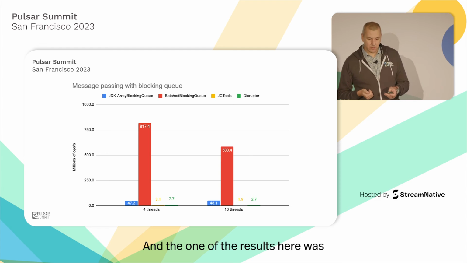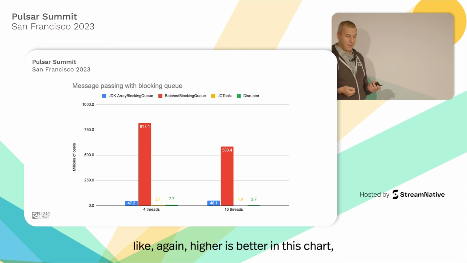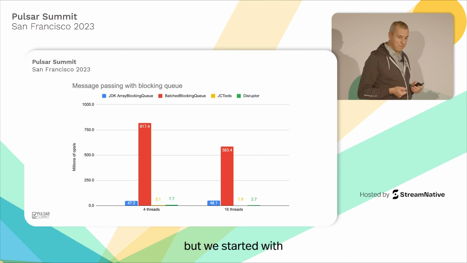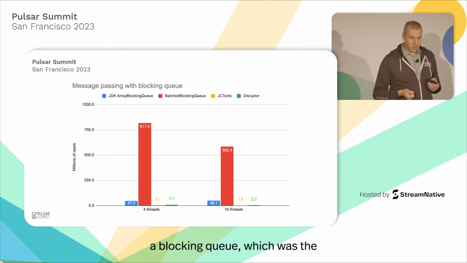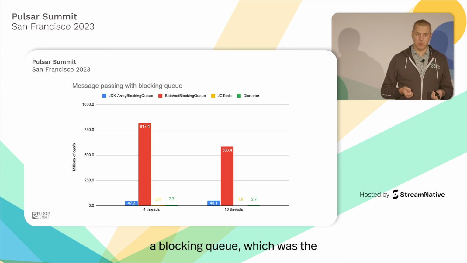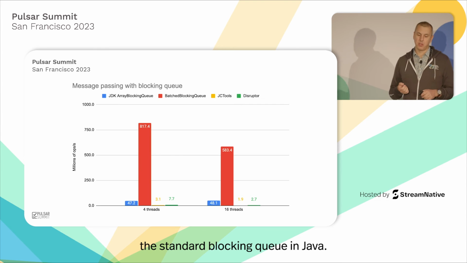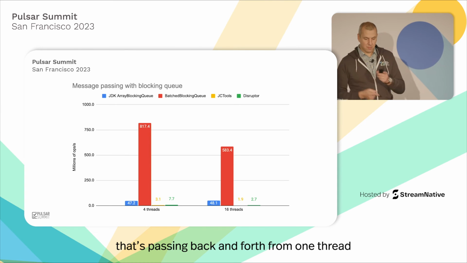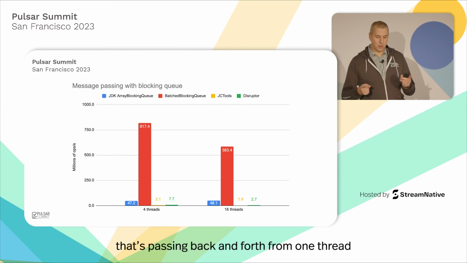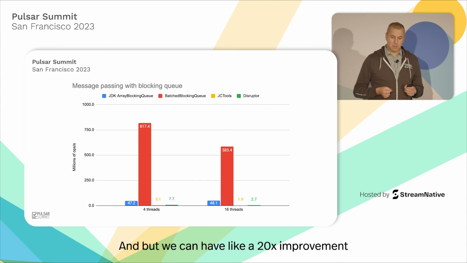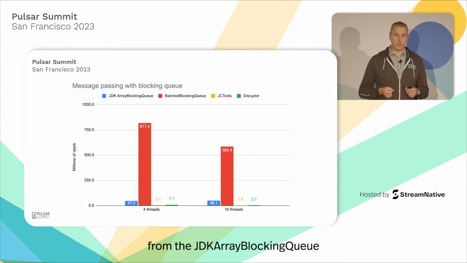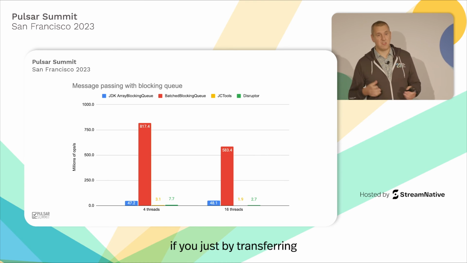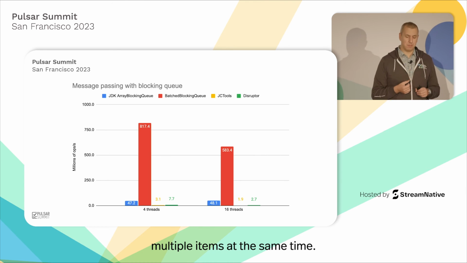And one of the results here was, again, higher is better in this chart. We started with a JDK ArrayBlockingQueue, which was the standard blocking queue in Java. This is basically a test that passes items back and forth from one thread to another, right? But we can have a 20x improvement over the JDK ArrayBlockingQueue just by transferring multiple items at the same time.